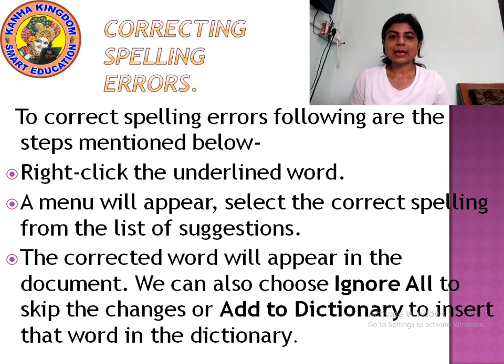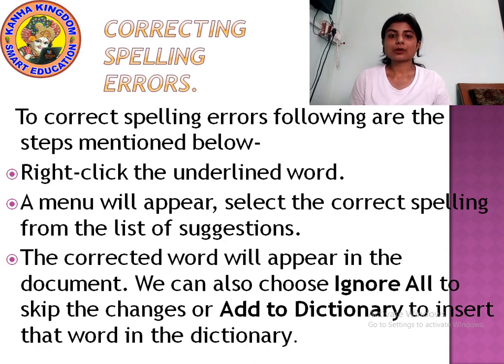Sometimes we may type a name or a text that the computer dictionary does not recognize. So it will give you a red wavy line, because that word is not added in the computer dictionary, which shows that the spelling is wrong.